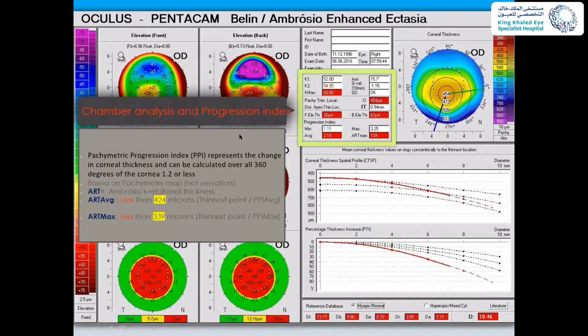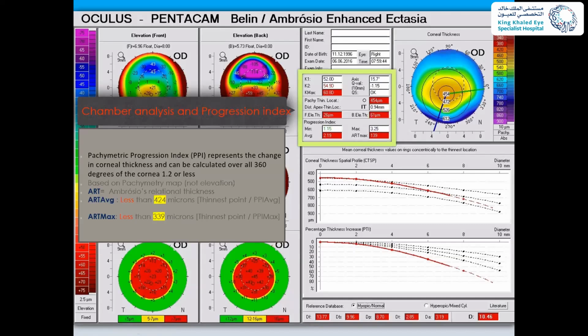So this is the pachymetry progression index, okay? This is again slightly complex, and it is based on Renato Ambrosio. He calculated a relational thickness, how the cornea gets thicker and thicker as it moves away from the thinnest point, okay? So this is known as Ambrosio relational thickness.